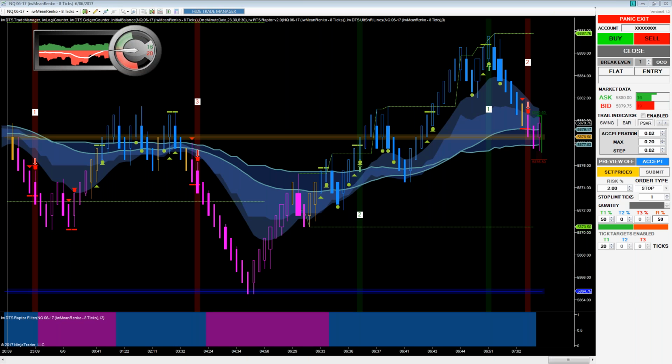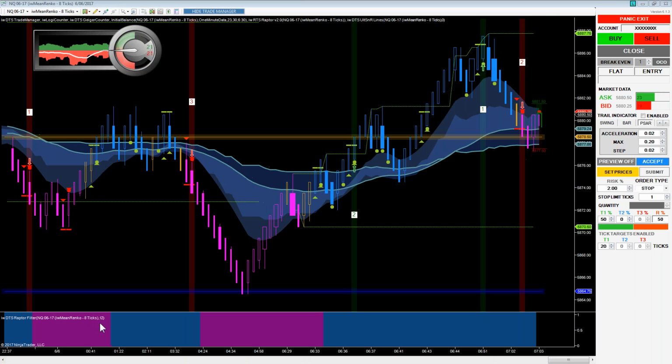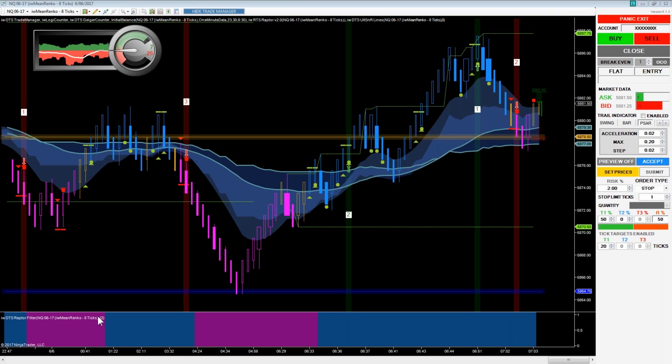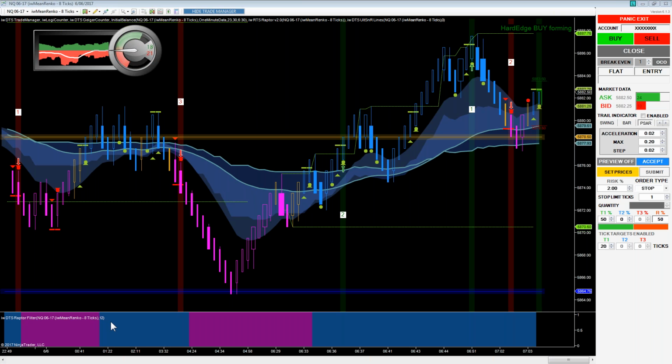I just go with the default. In this case, it would be 12 ticks. It's really not going to matter that much if you go with a slightly faster filter. If the market is very, very slow, sometimes you'll do better with a slightly faster filter. I did have it down to 10 ticks, but 12 ticks works just fine.